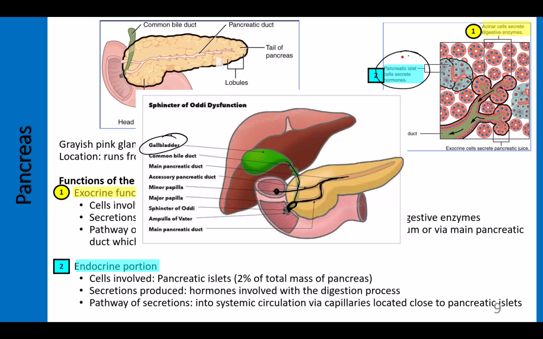It releases hormones such as insulin and glucagon to control blood glucose levels. But a major portion of the pancreas is involved in exocrine secretions into the duodenum, right? The secretions are called pancreatic juices, which also contain digestive enzymes.